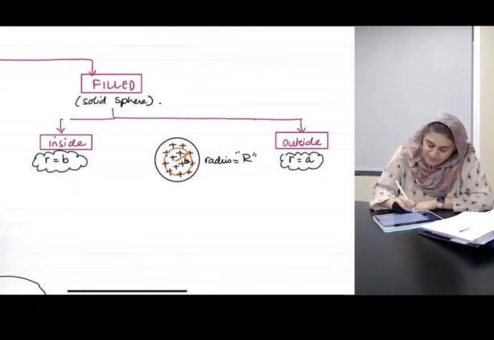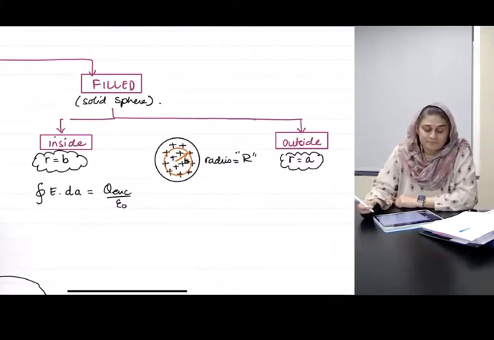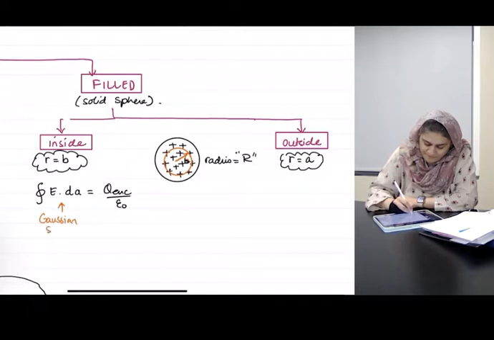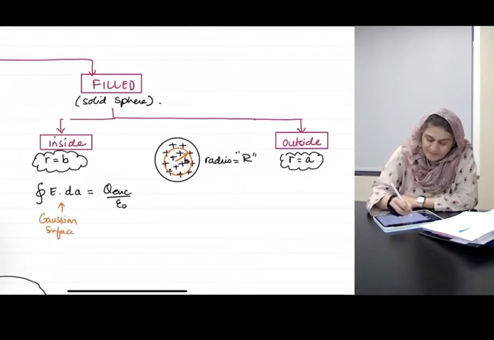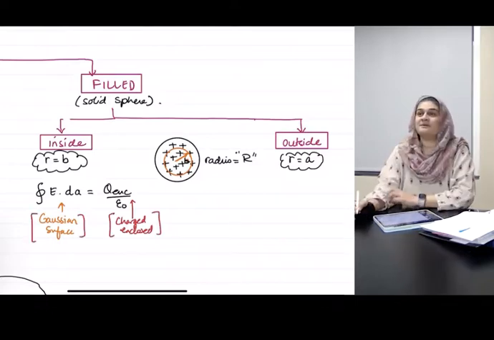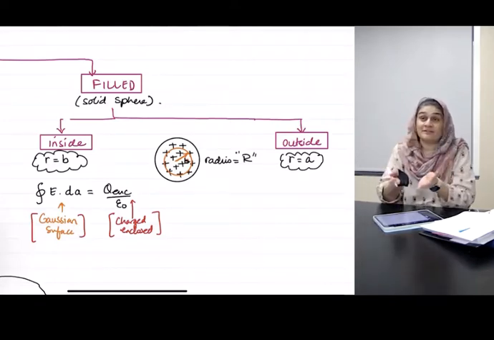So that means for my inside case, my Gauss's law will be written as that. And this will be over the Gaussian surface. And this will be the charge enclosed. Do you guys want to guess what the answer is going to be? And remember, this is a spherical surface.